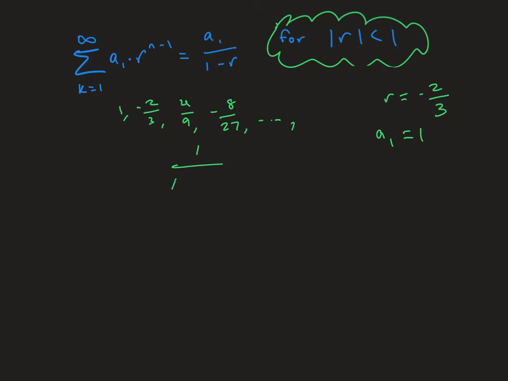The denominator, we're going to put negative 2/3 because r is negative. And we're going to get 1 over 1 plus 2/3 because 2 negatives make a positive. We get 1 over 5/3. And remember, fraction on the bottom, we can flip it and multiply, so it's 1 times 3/5, which of course equals 3/5. So that just shows a quick example that when r is negative, it's still pretty simple.